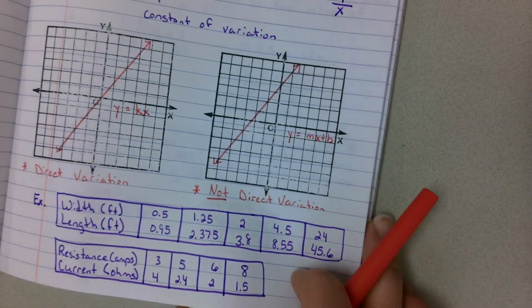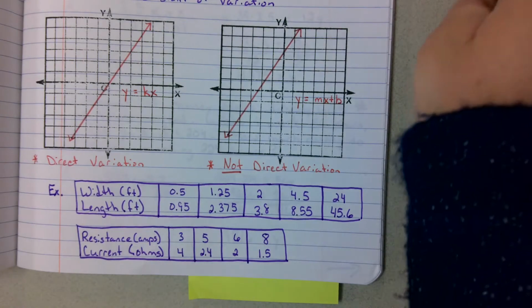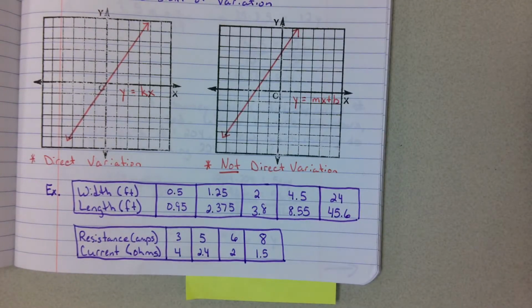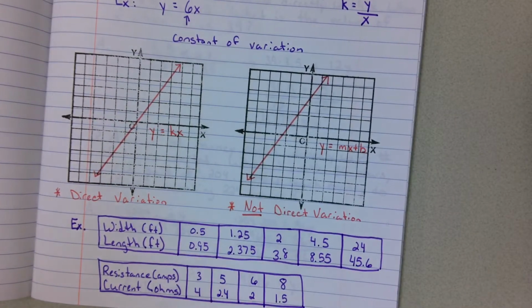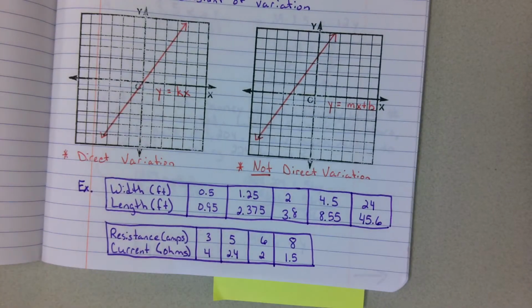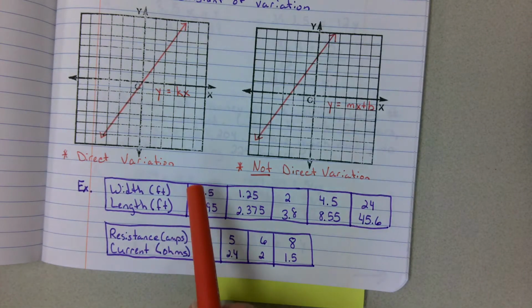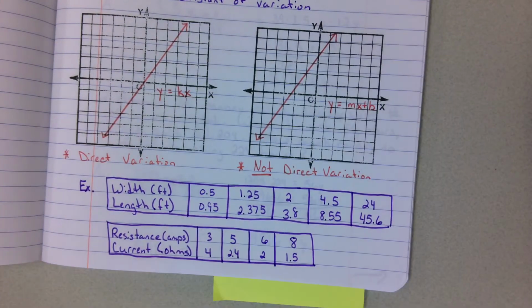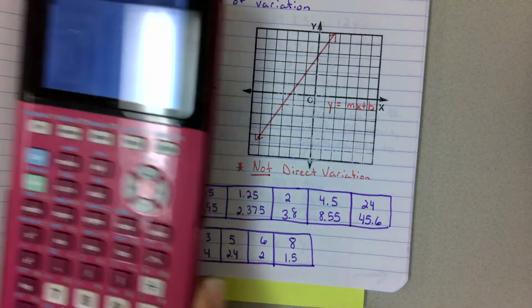I have a couple of tables I want to go over with you. The first one here, I'm going to go over how I would determine, given a table of values, if they are direct variation. So I've got my x values and my y values, and all I would do is put those in my calculator.